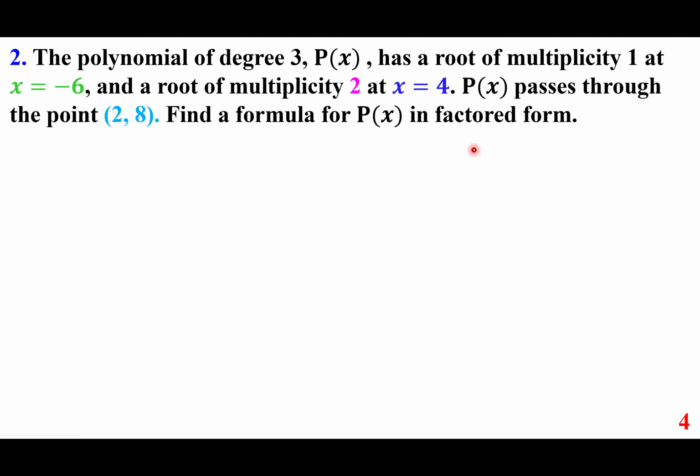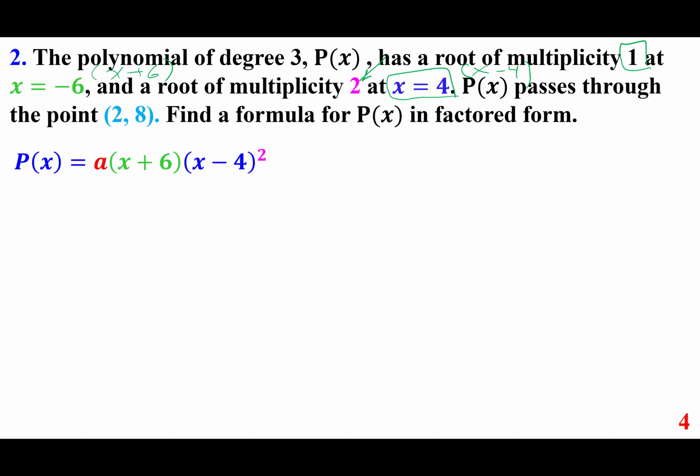Well, this indicates there is a factor of x plus 6. The multiplicity is 1, that means the exponent is 1. This gives us x minus 4, with multiplicity 2, so the exponent is 2.